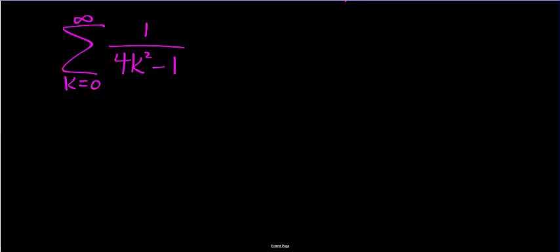And let's suppose I want to determine if that converges or not, or let's just say I want to know what it converges to. Well, I want to look at the partial sums. So here's what I'm going to do. Let me just start this at 1. I just want to find the first partial sum.